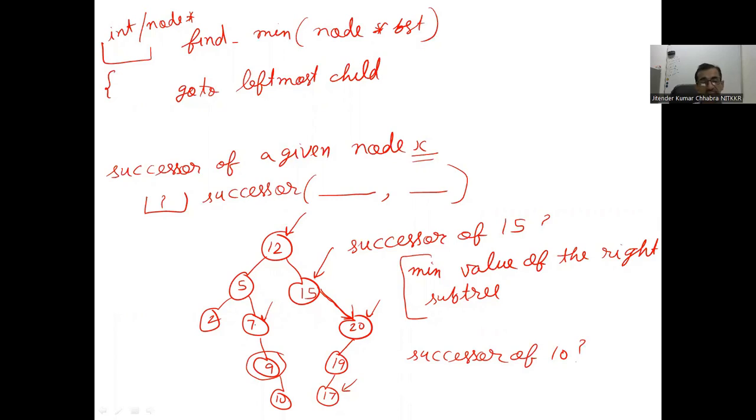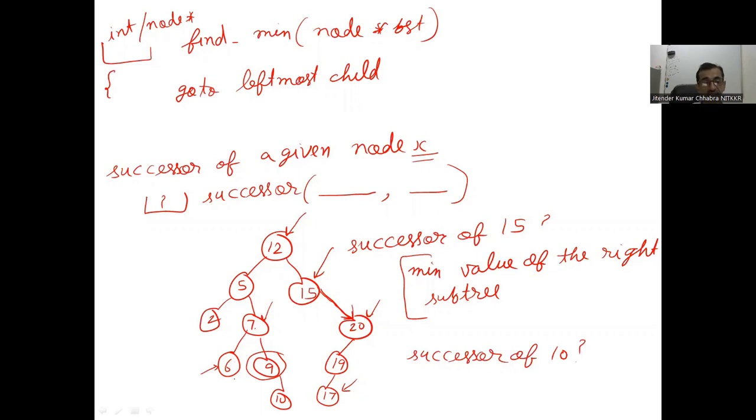If I say 7's successor, it was 9. 5's successor is 7. But if 7 had, let's say, a left child, then 5's successor will be 6. What about 6's successor? 6's successor is 7. 10's successor is 12.